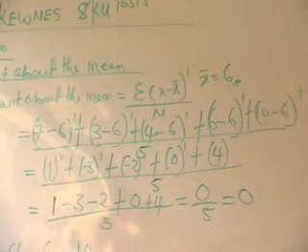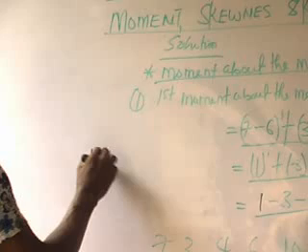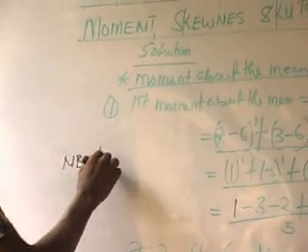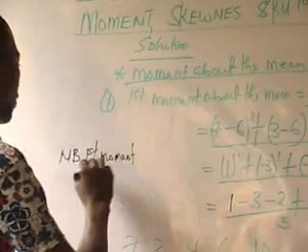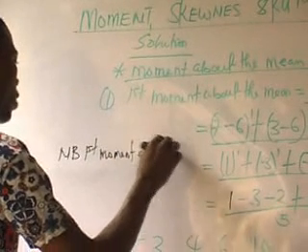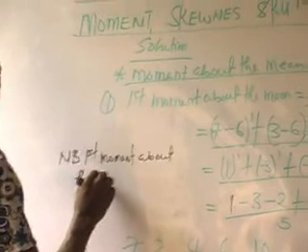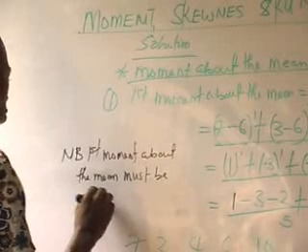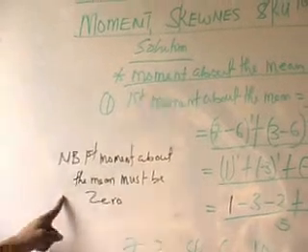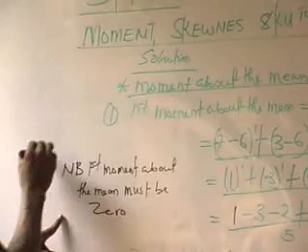And I want you to know, let us note now. Note NB: first moment about the mean must be 0. Every first moment about the mean is always 0.